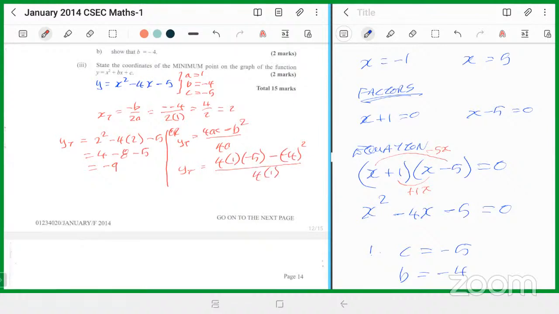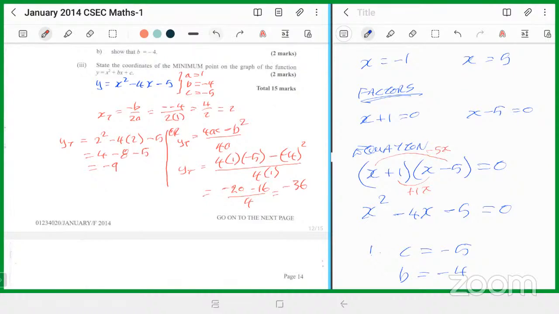Now this becomes -20. And this minus stays a minus. This -4 squared is 16 all over 4. So this will become -36, because 20 and 16 is 36, and then both of them negative.